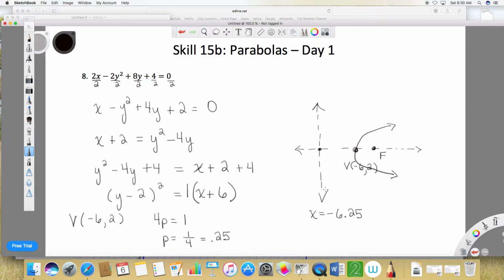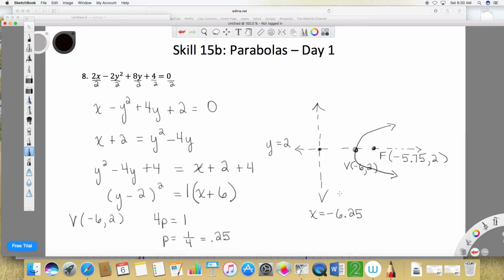That's the equation for the line that's the directrix. If I add 0.25, I'll be at negative 5.75, comma 2. There are the coordinates for my focus, and the horizontal line here is y equals 2, since both of those have a y coordinate of 2.